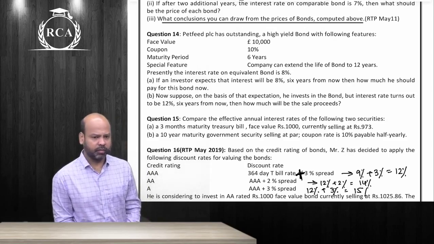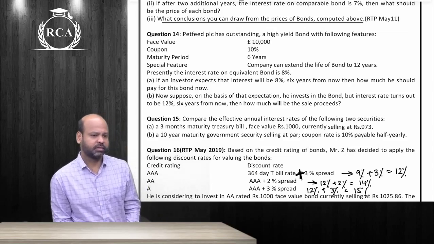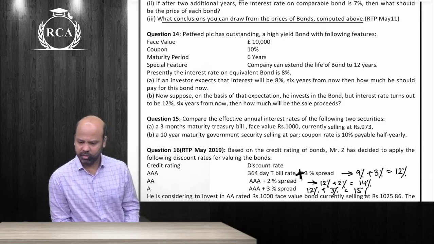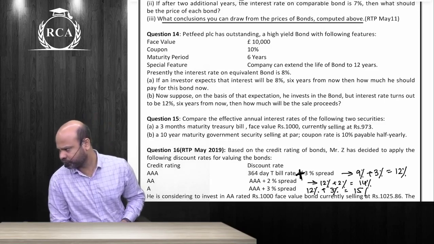The coupon rate of the existing bonds is 10%.